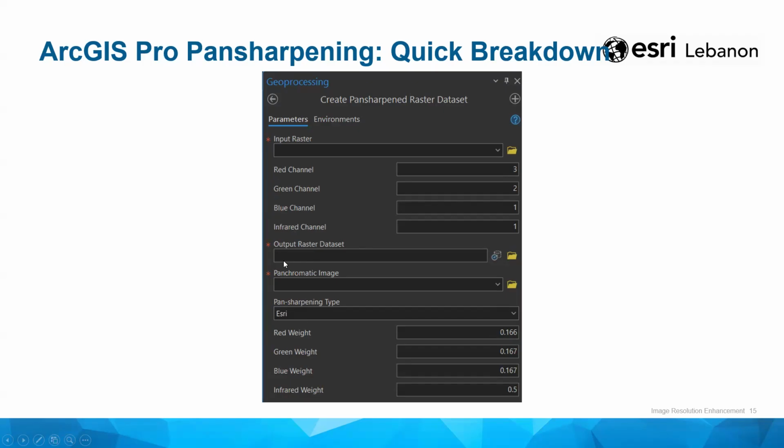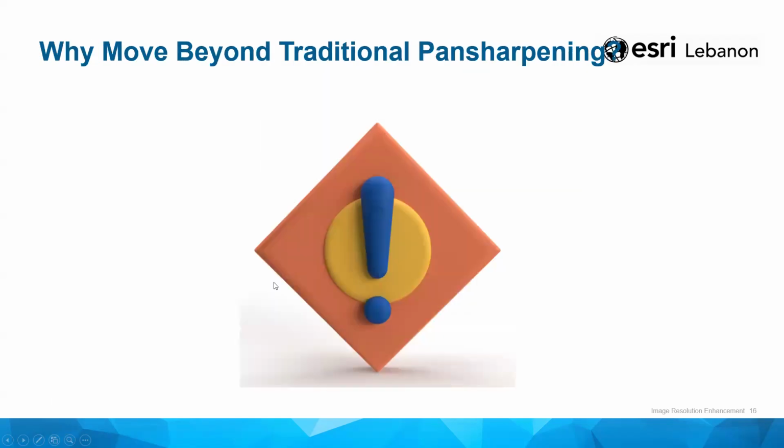You have to define that your image is a multispectral image, so it has multiple bands. You have to select which band is which in the image. And finally, you can give a weight for each one of the bands that you have. Okay.